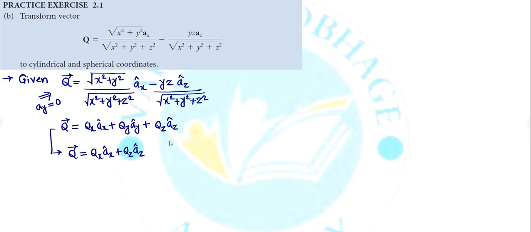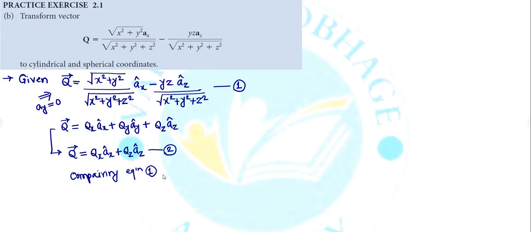So we are going to assign equation numbers. This is your very first equation, that is the given vector, and this is your second one that we have found out. Now by comparing equation 1 and 2, we are going to find out the value for qx and qz.